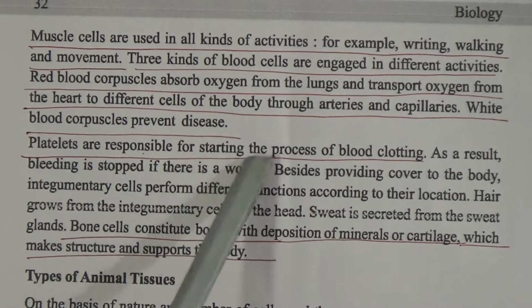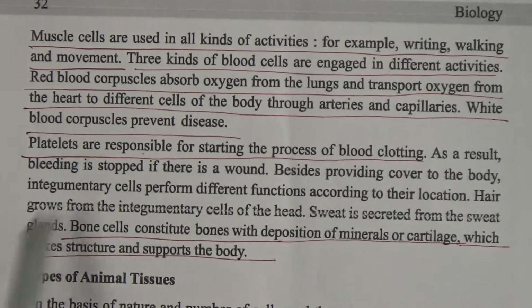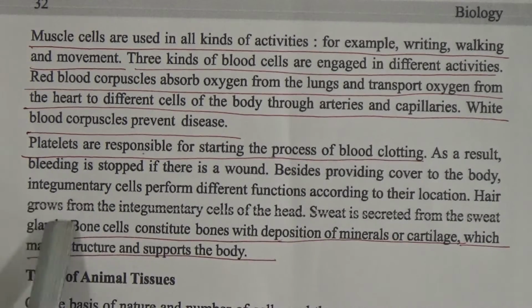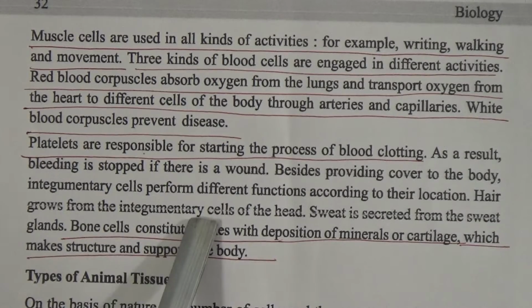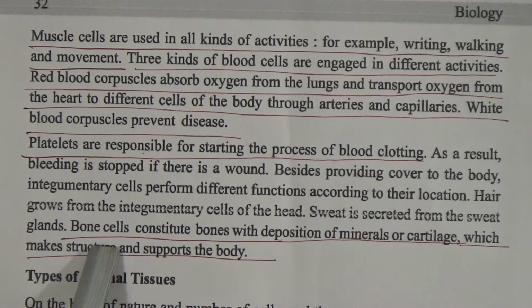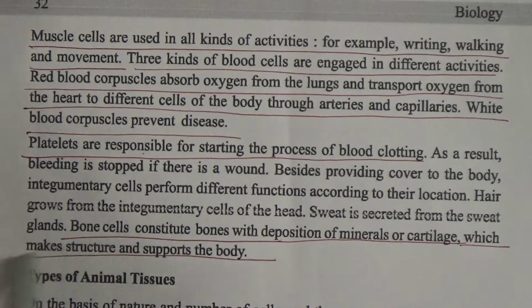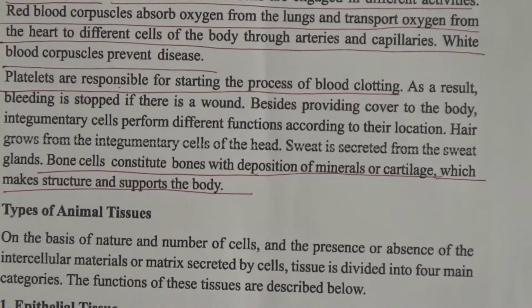Platelets are responsible for starting the process of blood clotting. Hair grows from the integumentary cells of the head. Sweat is secreted from the sweat glands. Bone cells constitute bones with deposits of minerals or cartilage, which make the structure and support of the body.